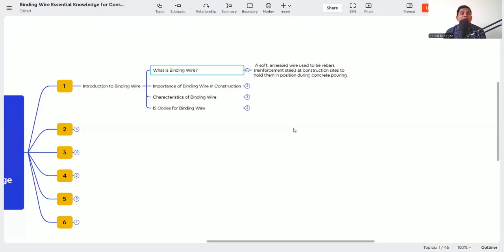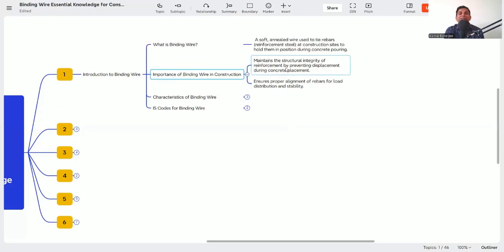And how can we keep them in position? With the binding wire and the chair. So binding wire is very crucial in construction. That maintains the structural integrity of reinforcement by preventing displacement during concrete placement. Now, what will happen if it is displaced? If it is displaced, that means the bar designated for an area will not be in the same area.